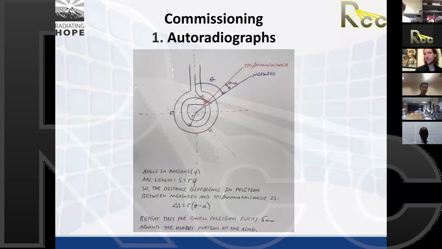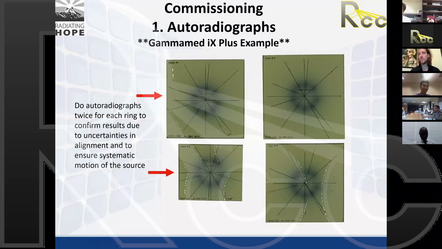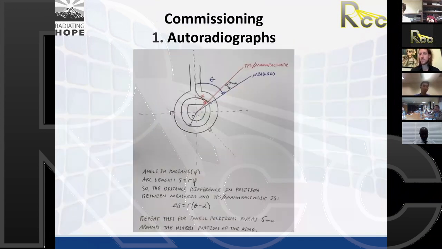Okay, so now that we've drawn these lines through the center of our dwell positions, we want to correlate that to the treatment planning system. So, like I said before, either through your library applicators or in your vendor documents, they can specify, in one way or another, the exact angle relative to something where each dwell position should be in your treatment planning system based on a particular reconstruction.